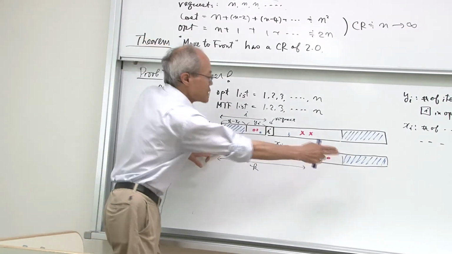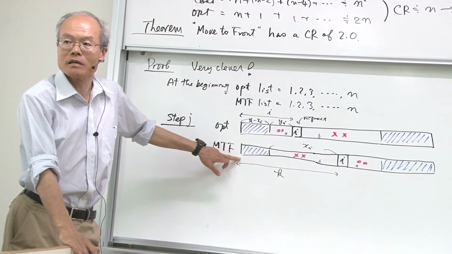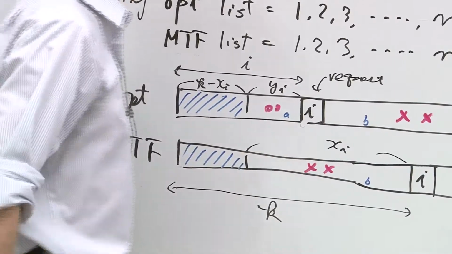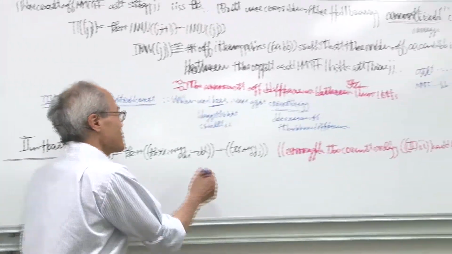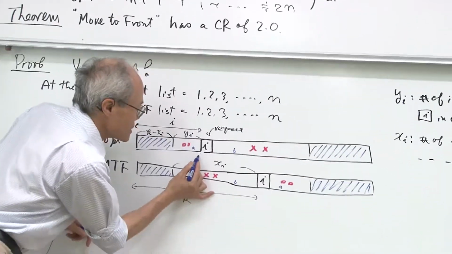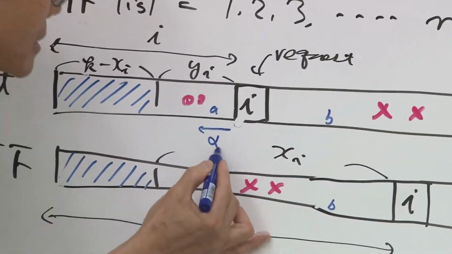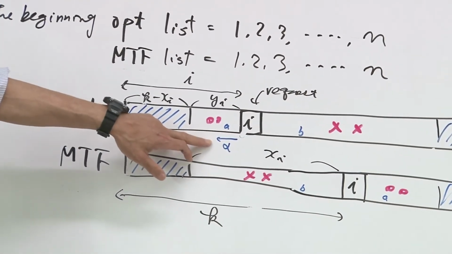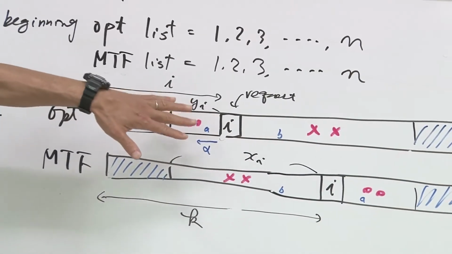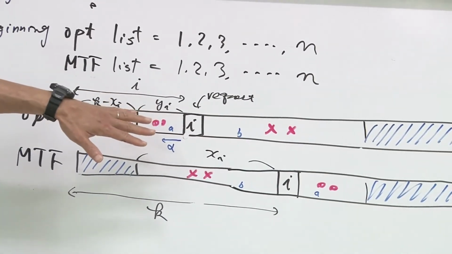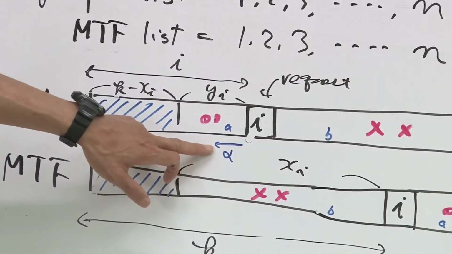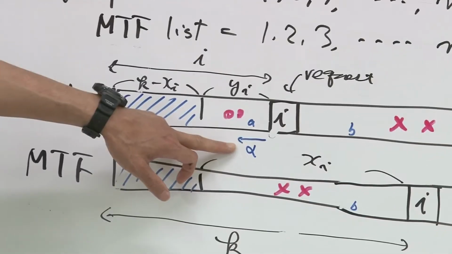Then everything is after I. However, this alpha moves a little bit. Maybe, I don't know. In the opt algorithm, this guy also moved a little bit. Alpha may be any value. But maybe it moves a little bit to the front, to the top.